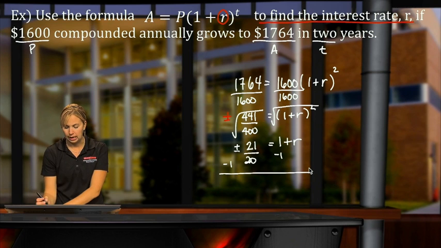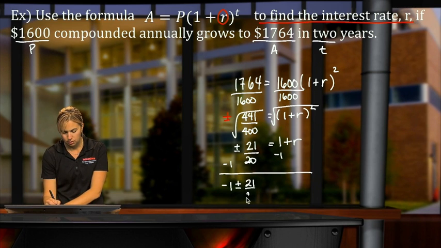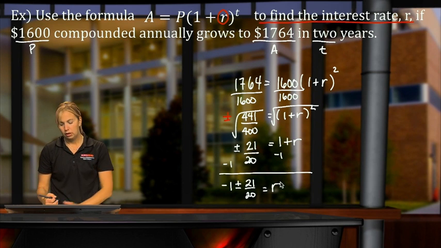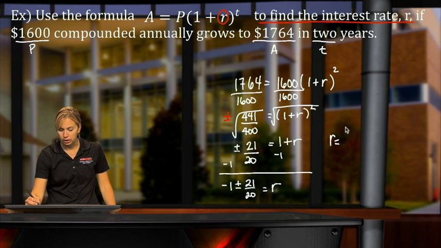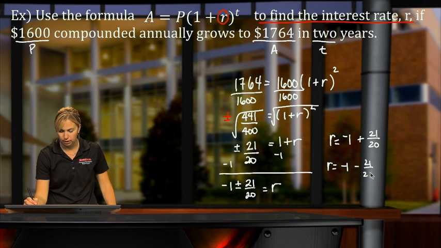Subtract 1 from both sides. So solving this equation just algebraically, we get 2 solutions. We get r equals -1 plus 21 over 20, and r equals -1 minus 21 over 20.